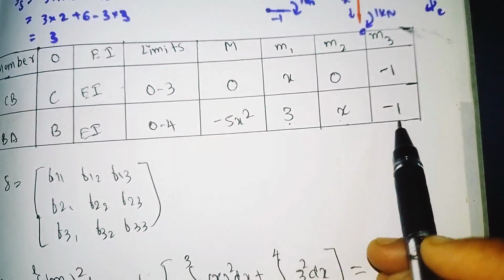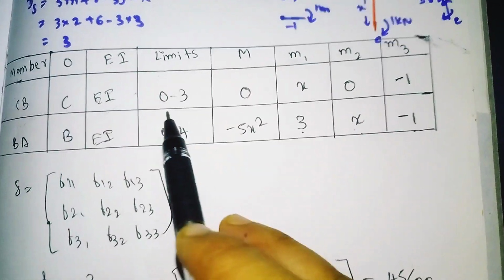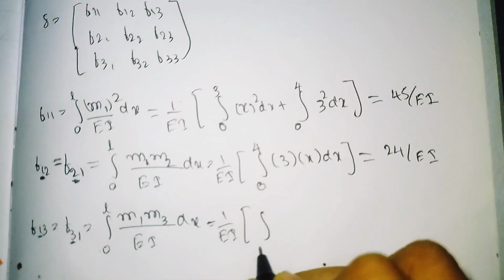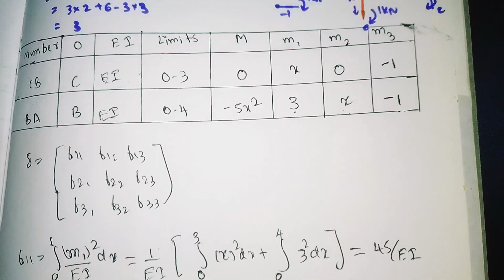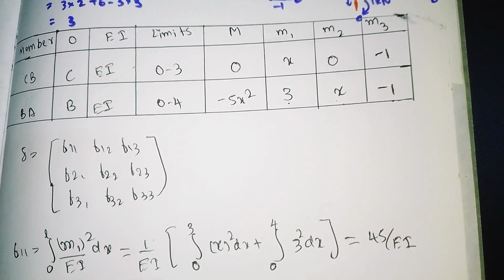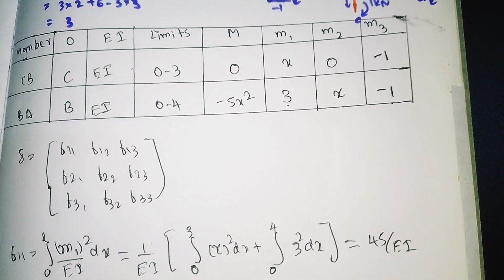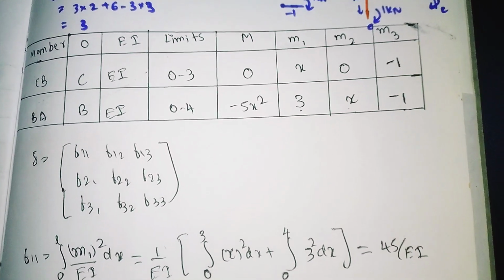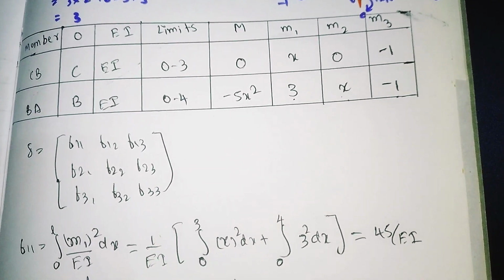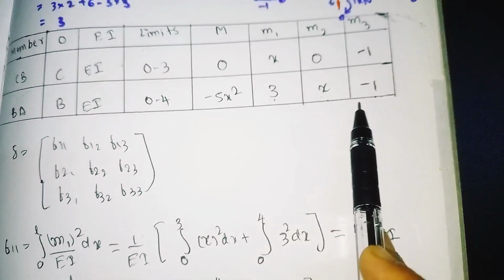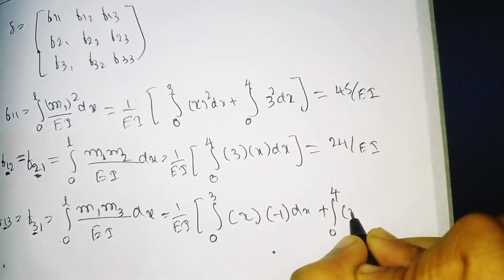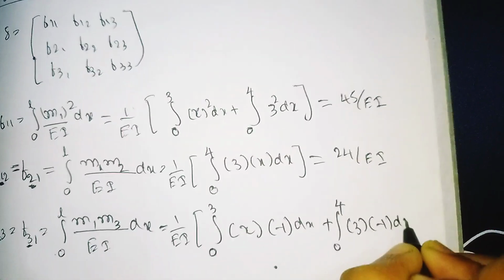This into this one and this into this one. For CB we have the limit 0 to 3. So integration of 0 to 3, m1 is x and m3 is -1 dx plus, for BA we have the limit 0 to 4, integration of 0 to 4 and this into this one, 3 into -1, so 3 into minus 1 into dx.